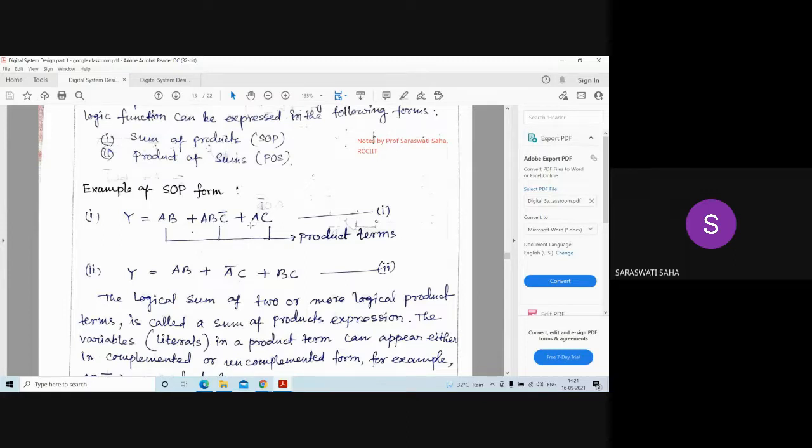But in this product term, the C literal is missing. Here, all the literals are present, but here the B literal is missing. So this kind of representation is not in standard form.